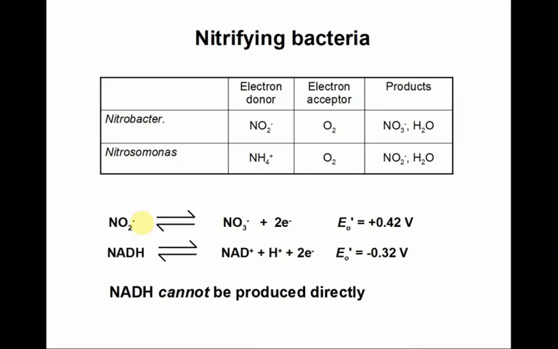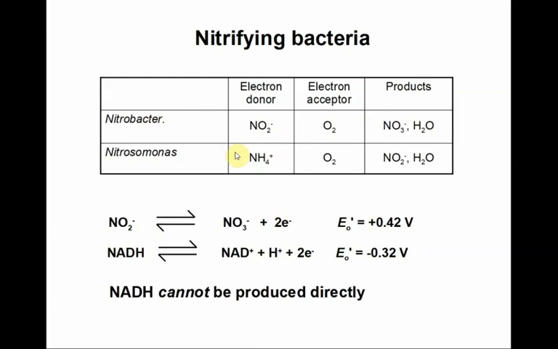NADH can't be produced directly. So the key enzyme here, I think it's called nitrite oxidoreductase, is in the plasma membrane of Nitrobacter, for example. It's performing this oxidation reaction on the plasma membrane, and somehow it manages to transport one proton across the membrane as it's doing this.